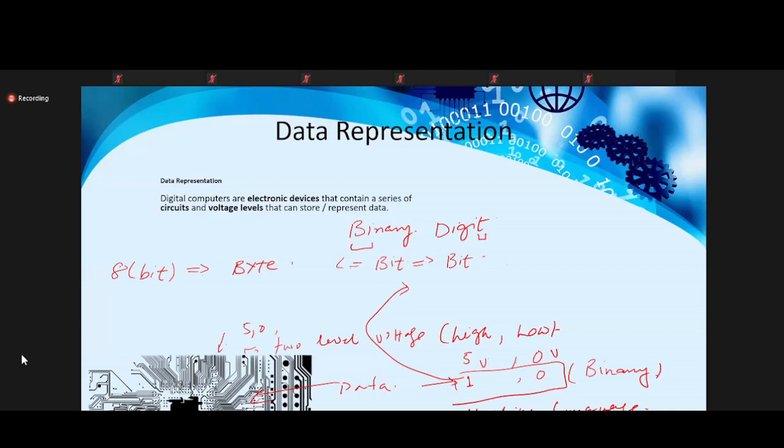Yes, ma'am. So a byte is nothing but a group of 8 bits. Binary digits. So what is a bit? Binary digit. This is abbreviated: instead of saying the whole phrase binary digit, we call it a bit, right?